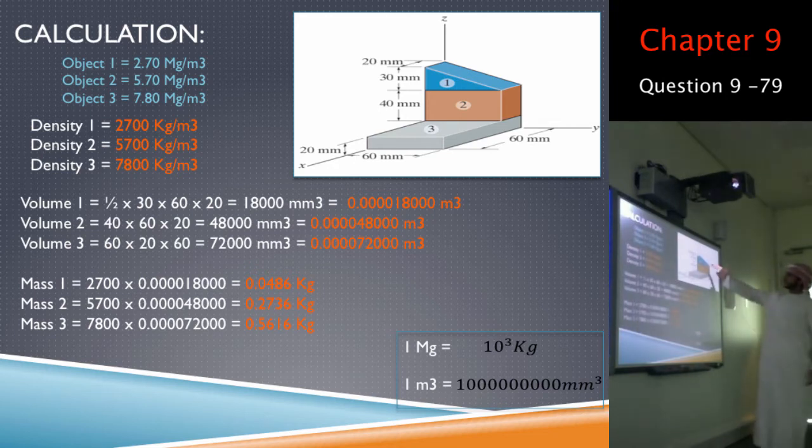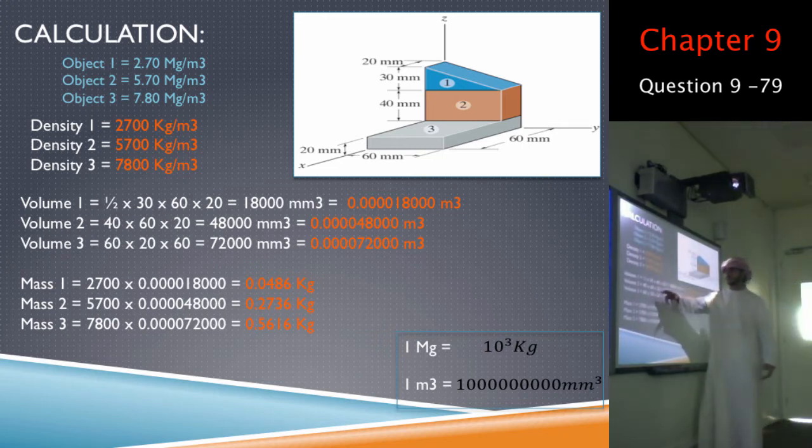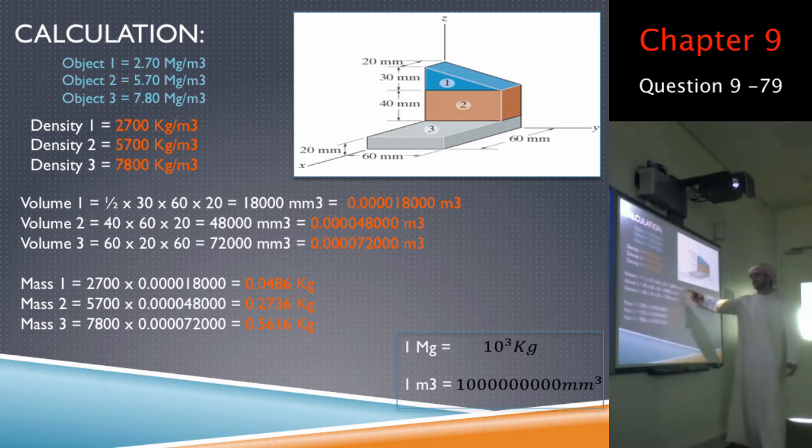We have three shapes, a triangle and two rectangles. This is the calculation of the volume of each block, and we convert millimeter cubed to meter cubed by using this conversion factor. At the end, we multiply the volume by density, and we get the three masses.